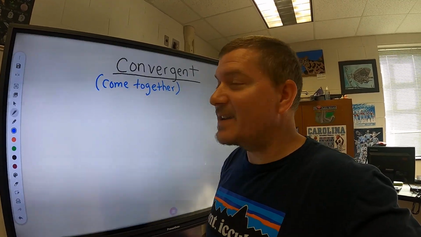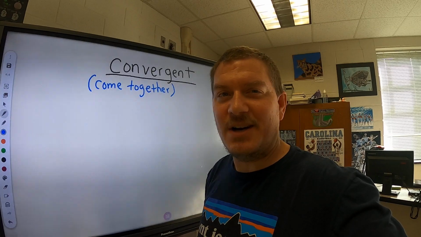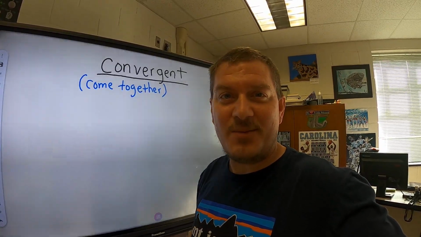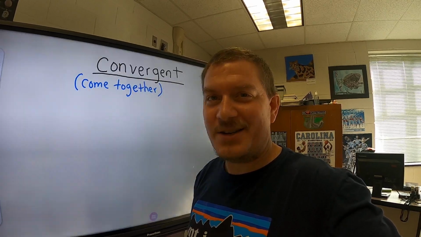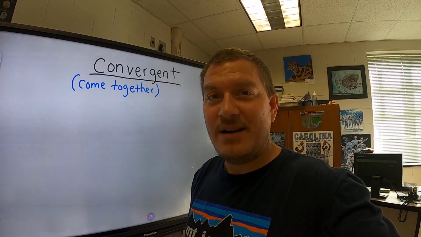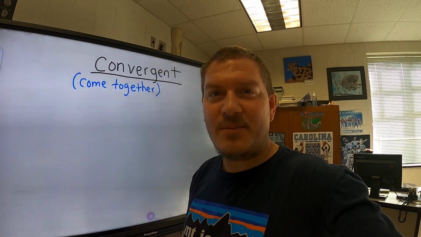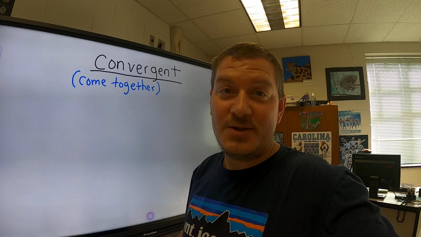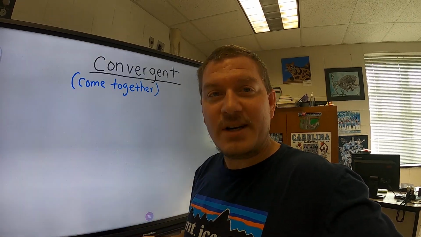There's tons of words in the English language that use that same prefix. Maybe a negative connotation could be conspire. Conspire is when you come together with somebody else to plan something, usually illegal. Congregate.